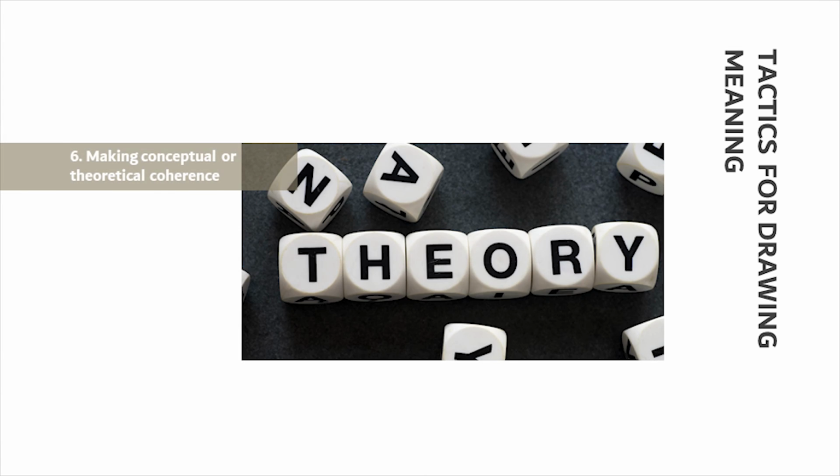6. Making conceptual or theoretical coherence. The researcher needs to work from the bottom up, from the field to the concept. The steps are to establish the discrete findings, relate the findings to each other, name the pattern, and identify the corresponding construct.